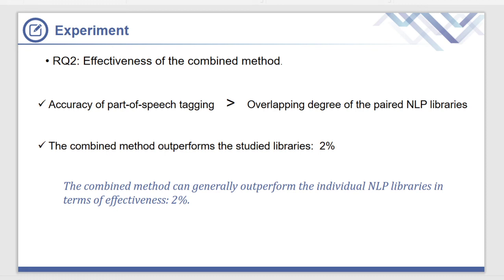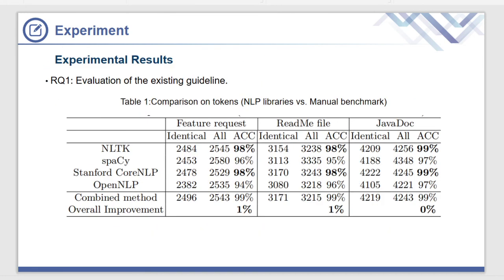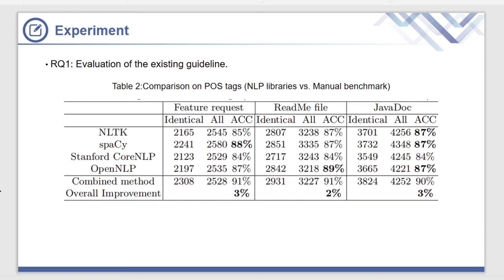We apply the combined method to generate results. The final results on tokenization and POS tagging are shown in last 2 rows in Table 1 and 2. We can see here and here.